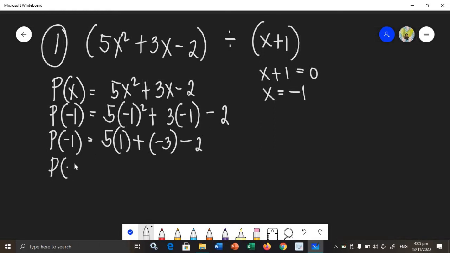Next, we get rid of the parentheses: 5 times 1 is 5, and here we multiply the signs, so positive times negative 3 is negative 3, and then minus 2. Then we solve straight through: 5 minus 3 is 2, and 2 minus 2 is 0. Therefore, is it the same as the remainder we got earlier using synthetic division?